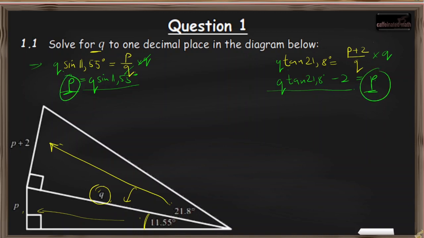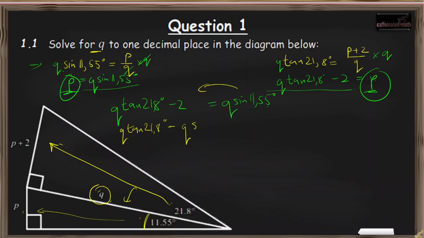So we can say quite confidently that Q multiplied by tan of 21,8 degrees minus 2 is equal to Q multiplied by sine of 11,55 degrees. Now we have a linear equation with some trig thrown in. So let's just do some swapping in a different color so we don't get lost. So Q times tan of 21,8 degrees, and then we transpose that expression.